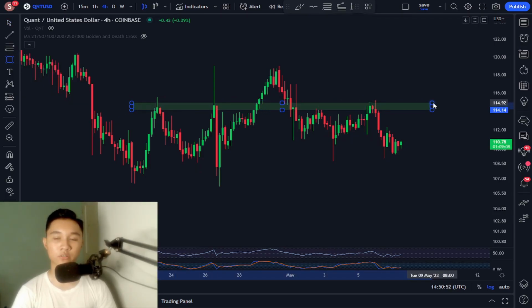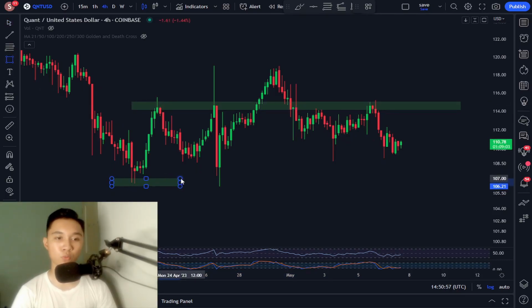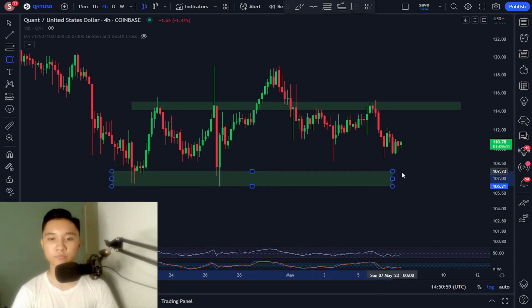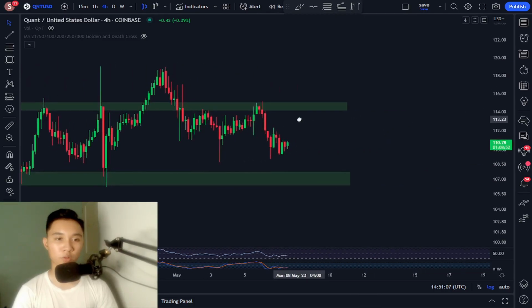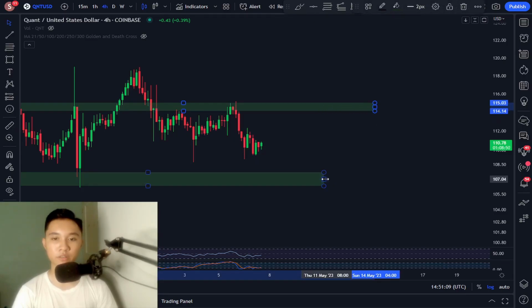Let's just drag this. This is resistance and this is support for this time period. You guys can clearly see that there is support and resistance currently acting for the Quant price in the 4-hourly time frame as well in this new chart.